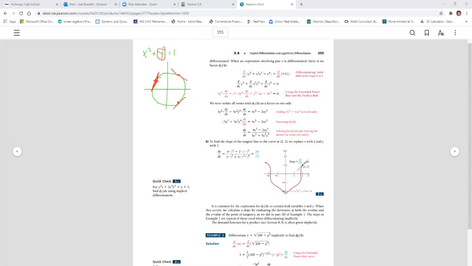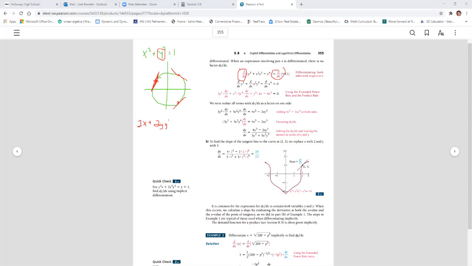So all I have to do is just take the derivative of every term. I'm going to take the derivative of x squared, which is 2x, plus I'm going to take the derivative of y squared with respect to x, and that's going to be 2y prime. Now the author used dy over dx instead of y prime. I prefer using y prime.